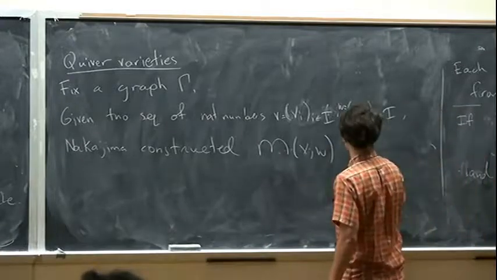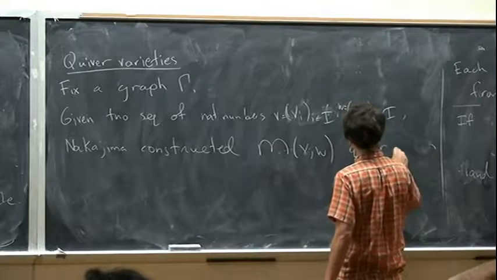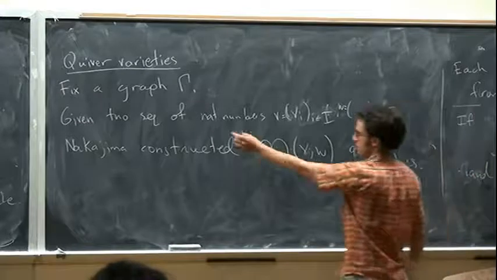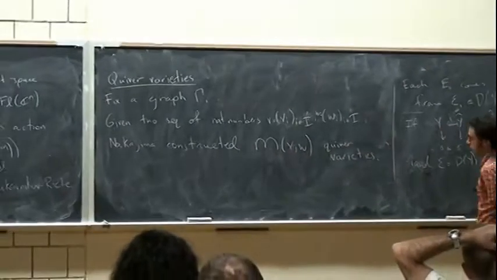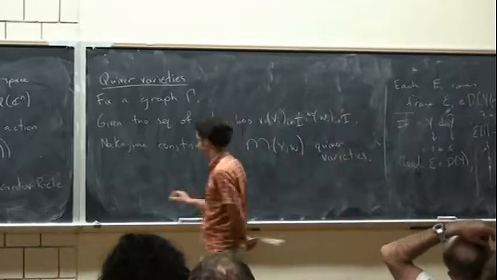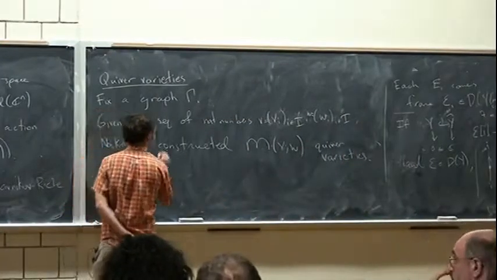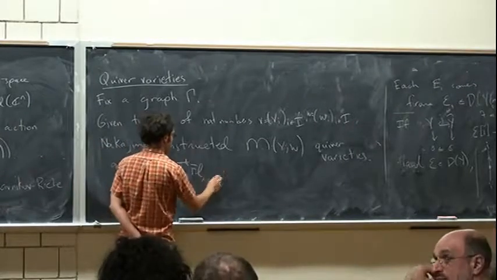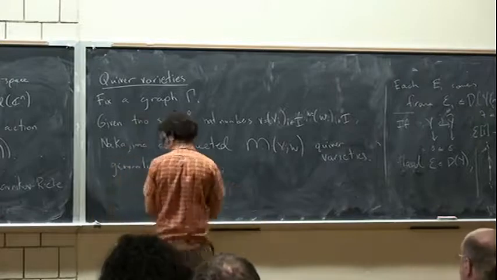It's a kind of variety of certain kinds of representations of a quiver associated to Gamma. I won't go into the exact detail, but it generalizes the cotangent bundle of partial flag varieties. So these are all examples of these things.